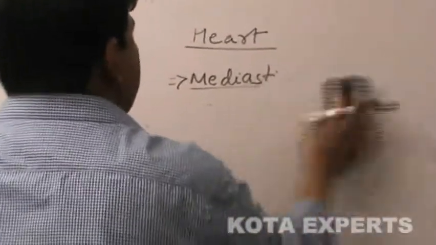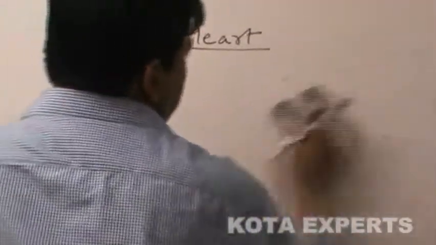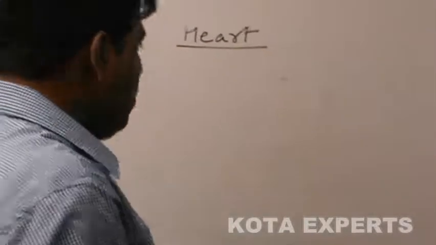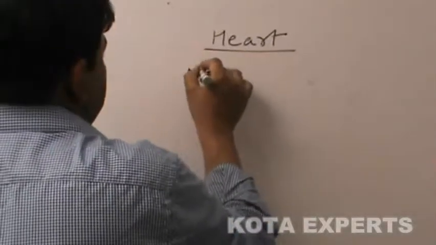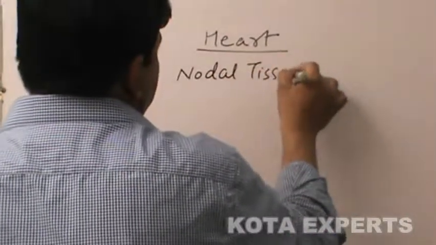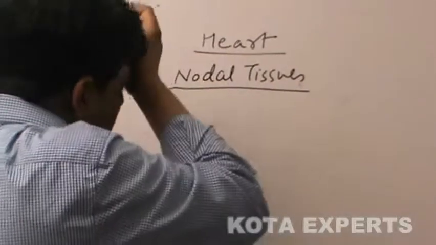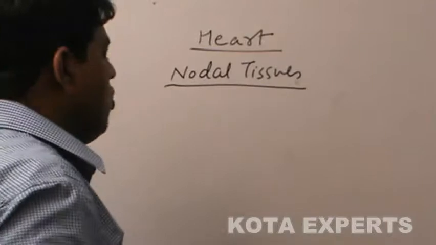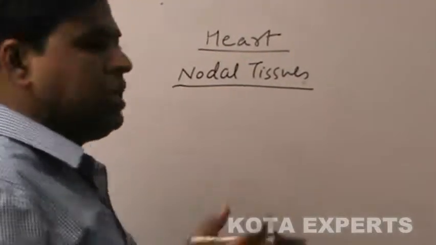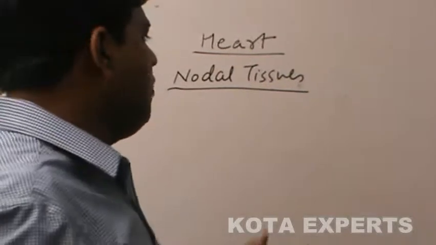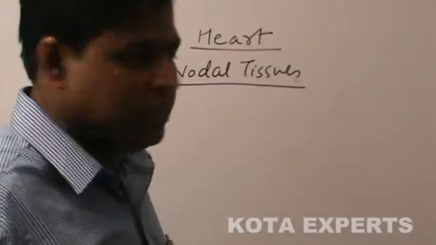Now, the heart has nodal tissues. The mammalian heart is a myogenic heart. Why is it called a myogenic heart? Because the action potential is generated from nodal tissues found in the cardiac muscles.